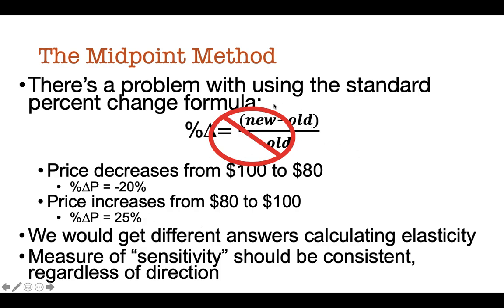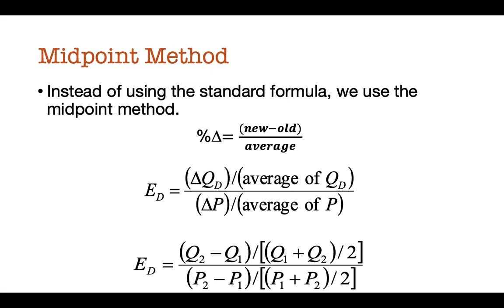Now, if you're not familiar with percentage change, don't even worry about this slide. Don't fuss about this equation. This is just to avoid confusion among people who are used to calculating percentages. We're going to calculate the percentage a new way here using something called the midpoint method. So this is our new midpoint method.